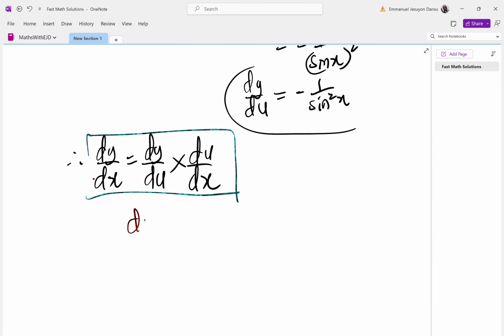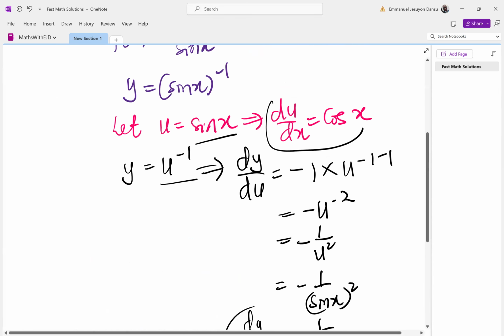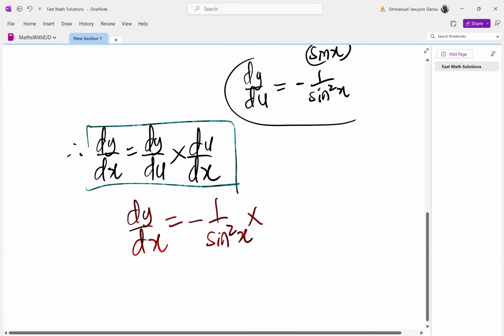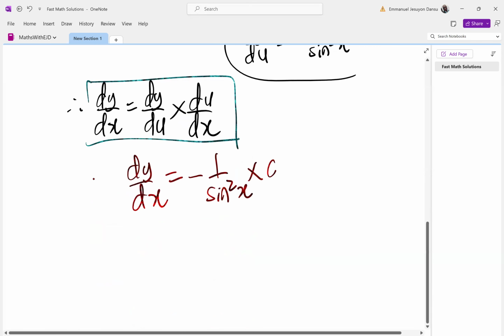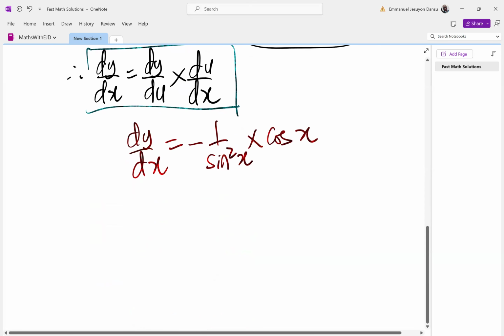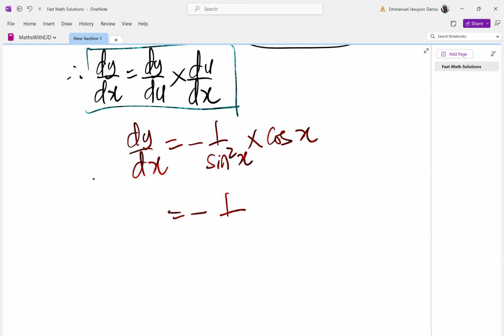So now dy dx is the same thing as dy du, which is minus 1 over sine squared x, times du dx. Don't forget, du dx is cos x. So that is the same thing as minus 1 over sine x multiplied by cos x all over sine x.